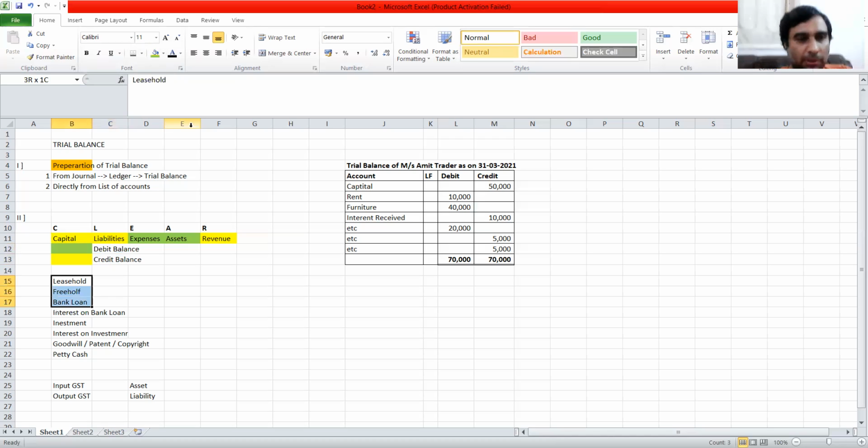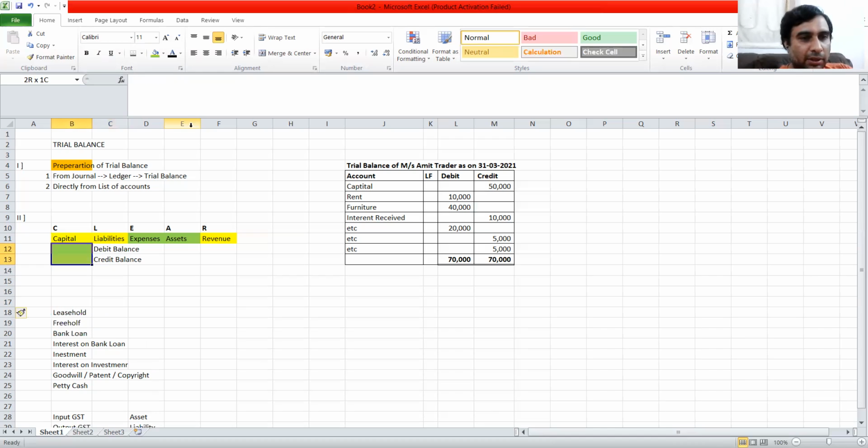Okay, so this should help you remember: if the entry in your list of accounts is capital, it will always be a credit balance. If it is a liability, it will always be a credit balance. If it is revenue, it will always be a credit balance. Okay, so you have to be clear. I keep saying this, you should have clarity, you should be clear in your mind.